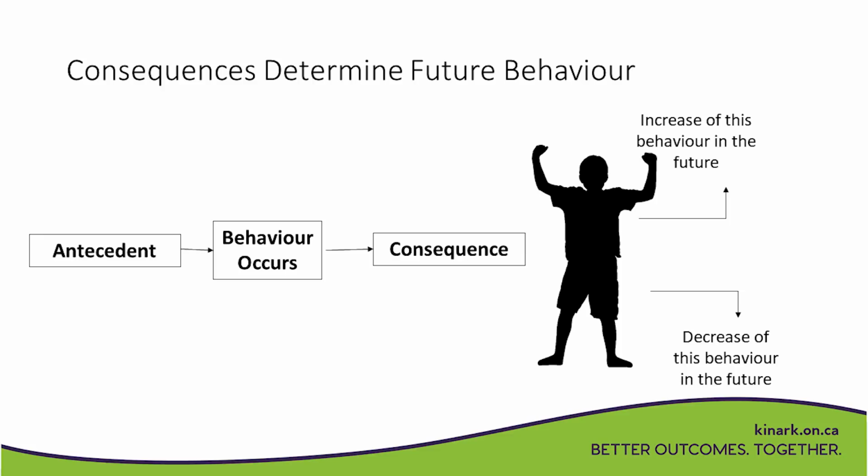Alternatively, punishment occurs when something is added or removed immediately following a behavior and decreases the future likelihood of that behavior occurring again in similar situations.